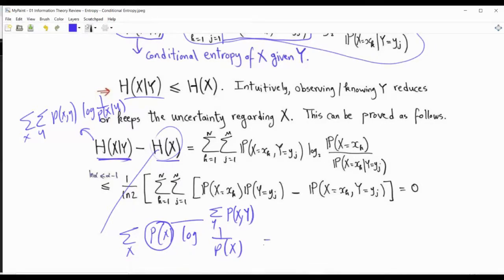So this thing is a double sum over x and y of P of x,y log 1 over P of x, and this allows us to combine the two double sums. Then just employ this inequality here, which tells you that you get a 0. So it's always the case that H of x given y is upper bounded by H of x.